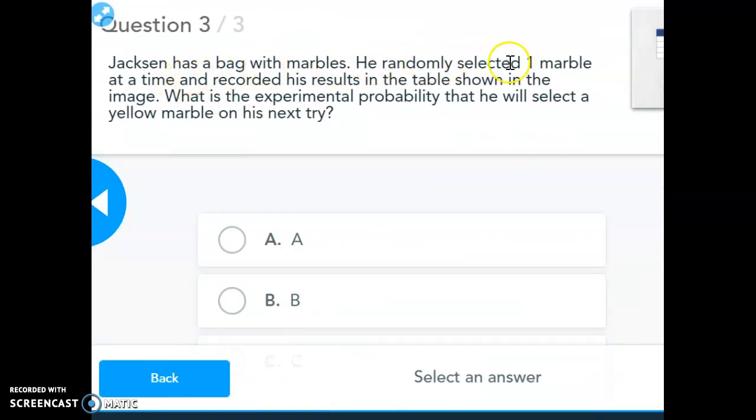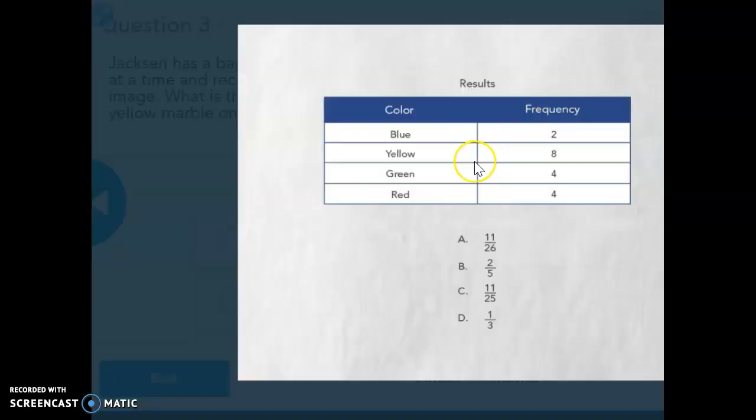Jackson has a bag with marbles. He randomly selected one marble at a time and recorded his results. In the image, what is the experimental probability that he will select a yellow marble on his next try? So yellow is 8 out of 18. 8 out of 18 is 0.44.